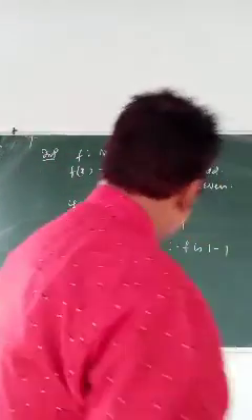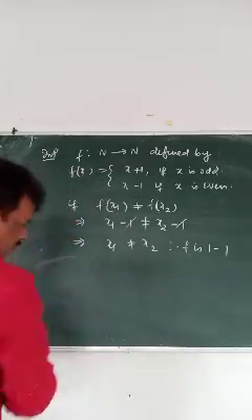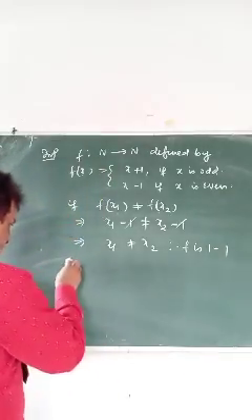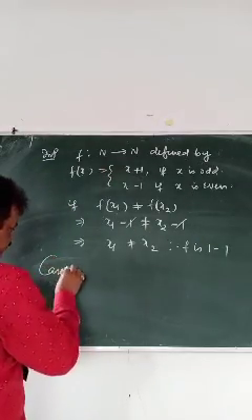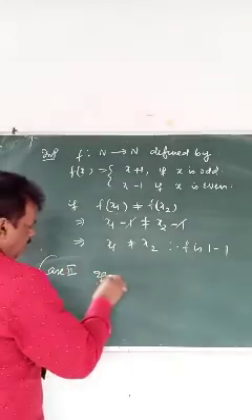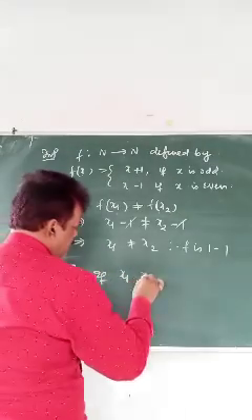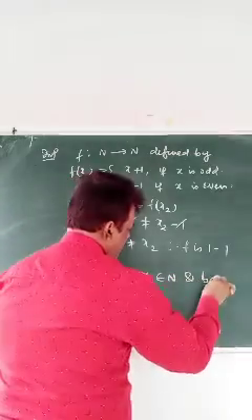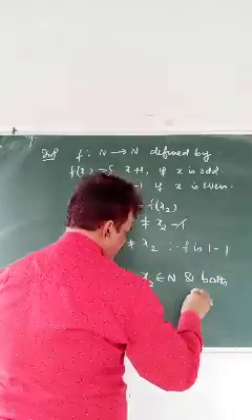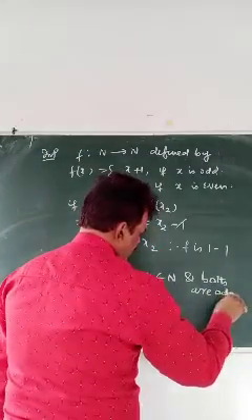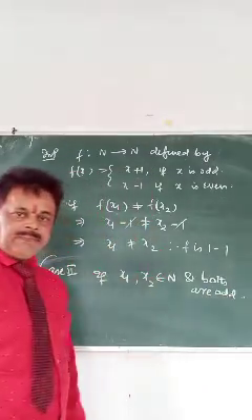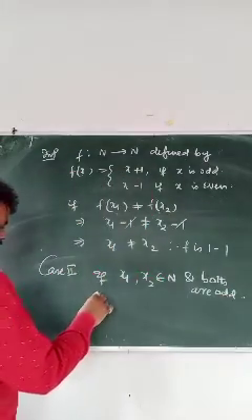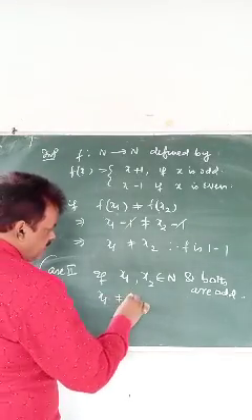If I take both are odd, case 2: if x1, x2 belong to natural number and both are odd numbers, so obviously your x1 will be not equal to x2.